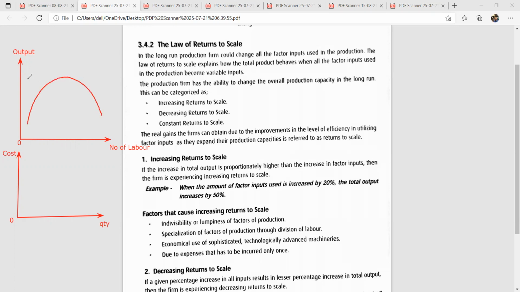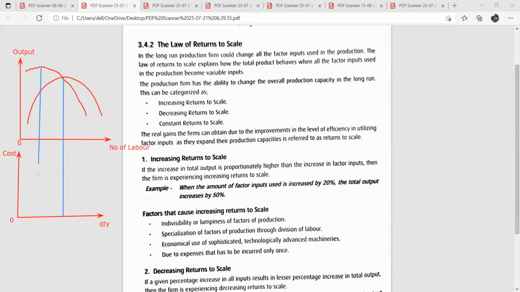Average production, marginal production. Here the peak point.